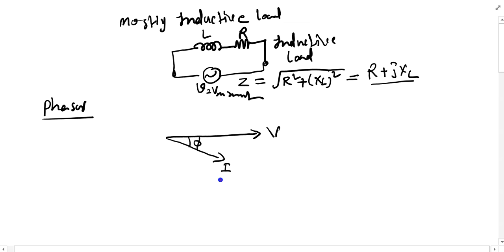Here my current can be decomposed into different components. One component I can write as I cos phi. I am simply applying a trigonometrical concept here: I have the triangle, and I know I, so I can write this line as I cos phi, and this other line is I sin phi.